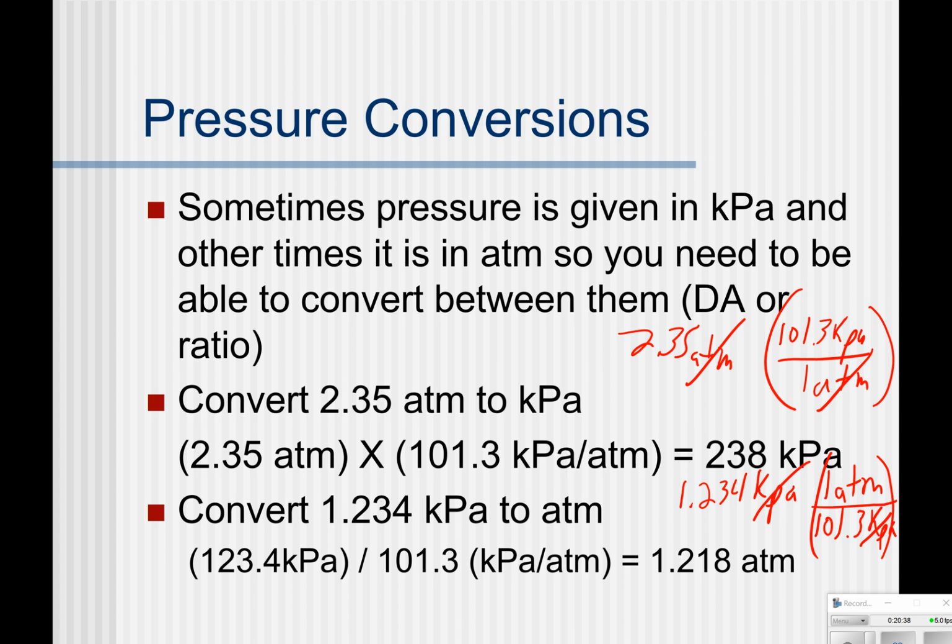Well, that should be 123.4. Decimals in the wrong spot. Wait a minute, 1.234 divided by 101.3 is not 1.218. So that's a mistake on my part. That should be 123.4 kPa.